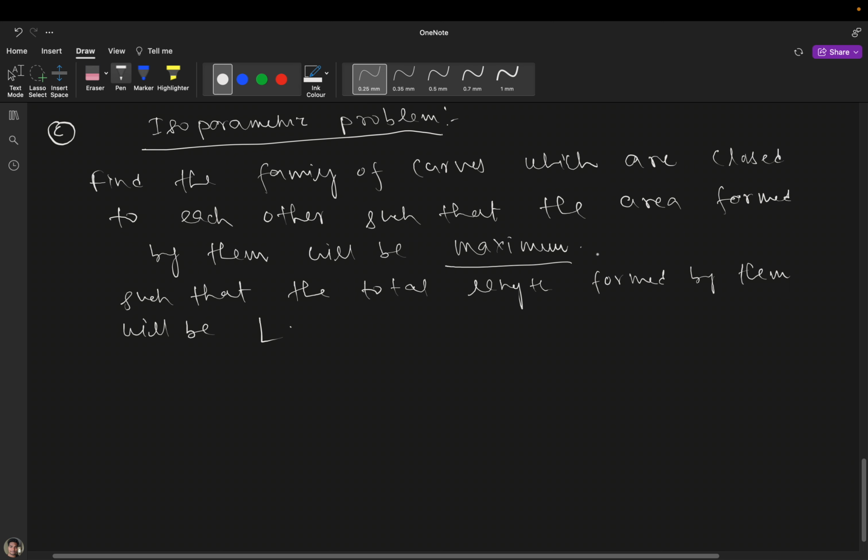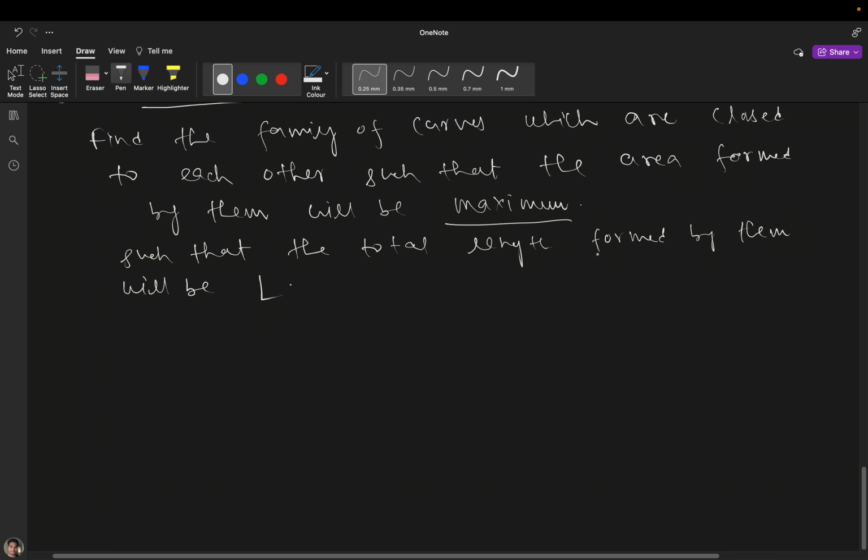Like consider you are taking a string of constant length L. Can you find a curve such that when you close the string, the area will be maximum? That is called the isoparametric problem.